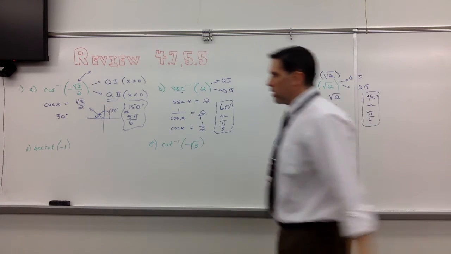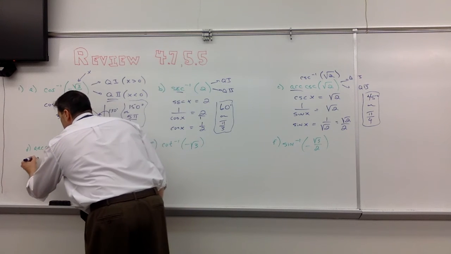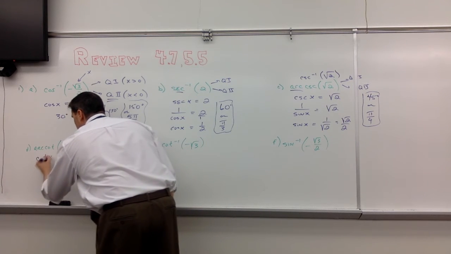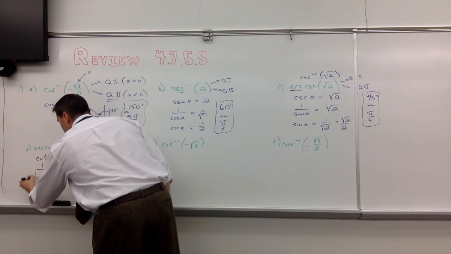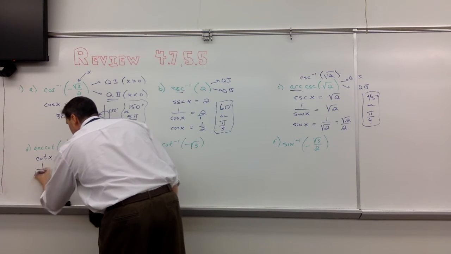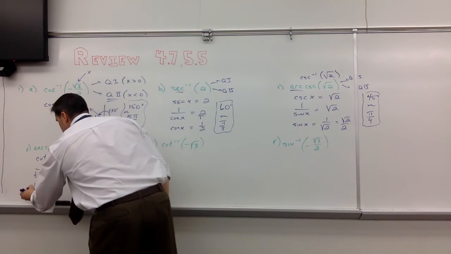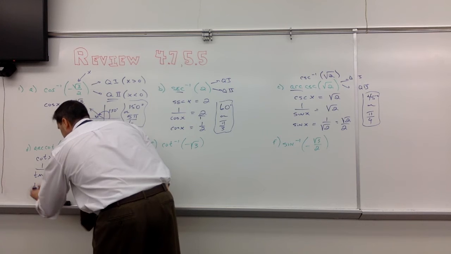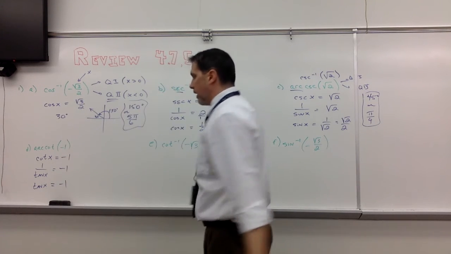All right, down here, letter D, we say arc cotangent of -1. Again, we'll say cotangent of x equals -1. That's 1 over tangent equals -1, and then, of course, taking the reciprocal, tangent of x is still -1.